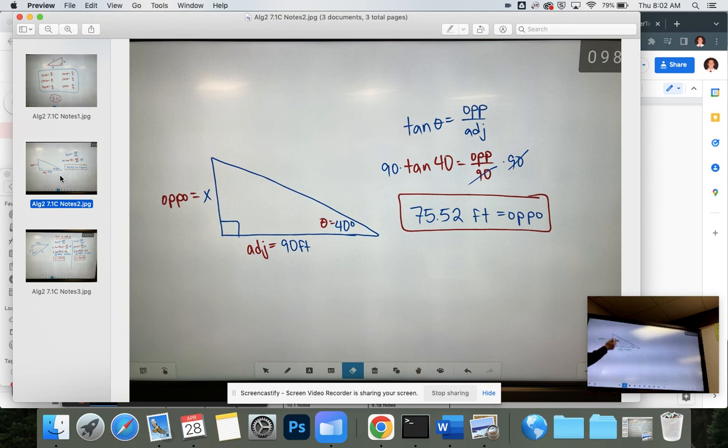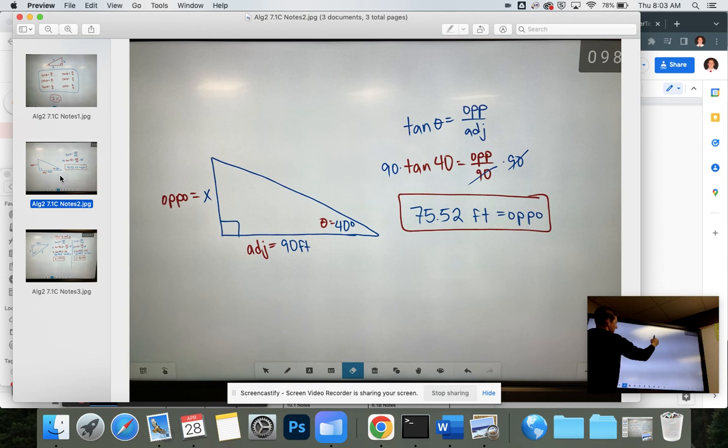They give us 2 of the 3 sides of the triangle. Which sides do they give us? Opposite and adjacent. So we know that we're going to be using opposite and adjacent. Which trig function uses opposite and adjacent? Think SOHCAHTOA. Tangent, yeah.